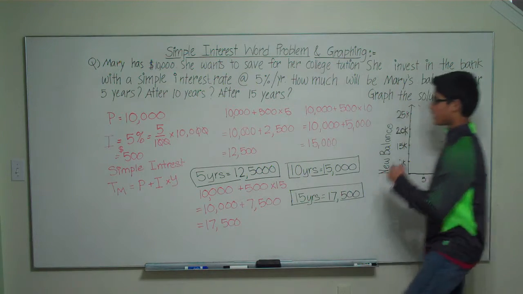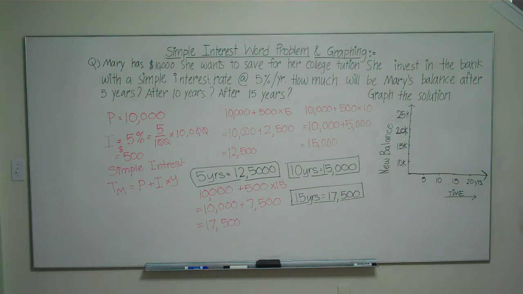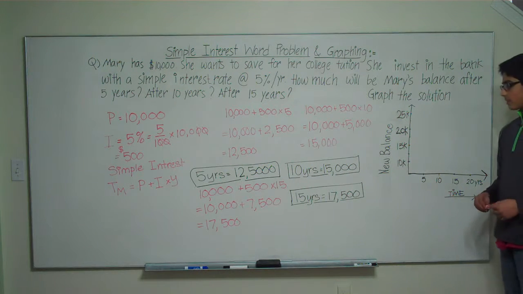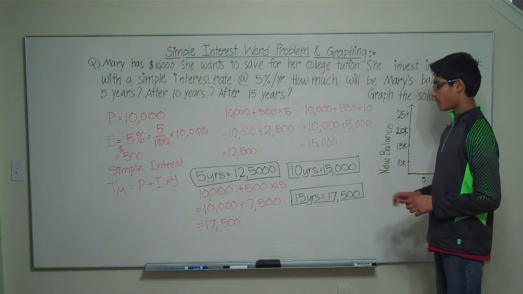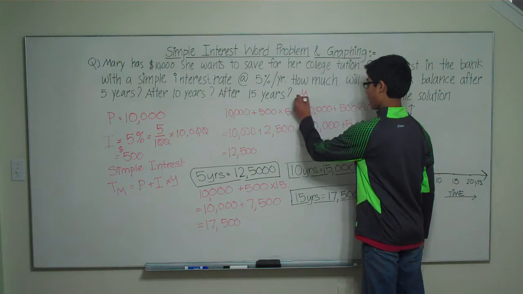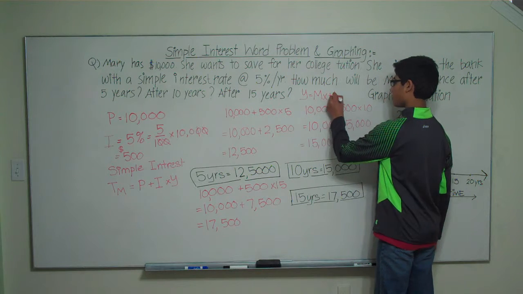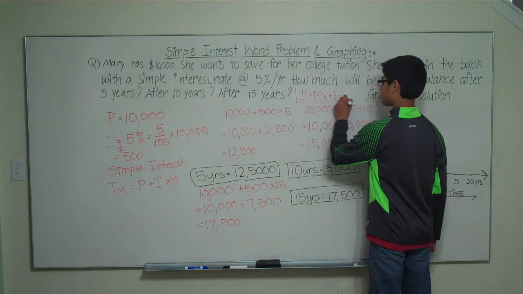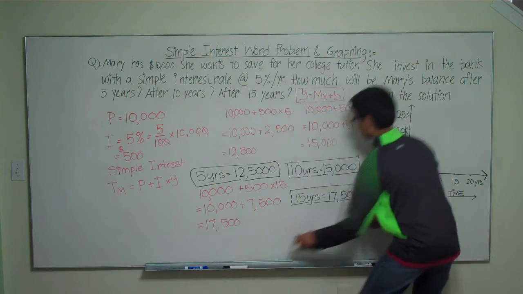Now let's solve the next part of the problem. Graph the solution. So, when we graph something, we normally use slope-intercept form. The formula for slope-intercept form is y is equal to mx plus b. Let's rewrite this down here.